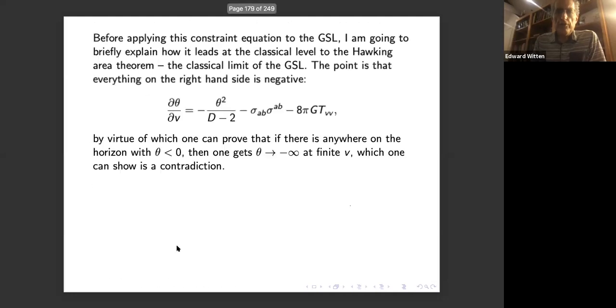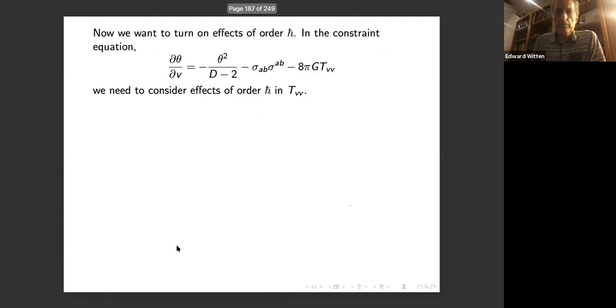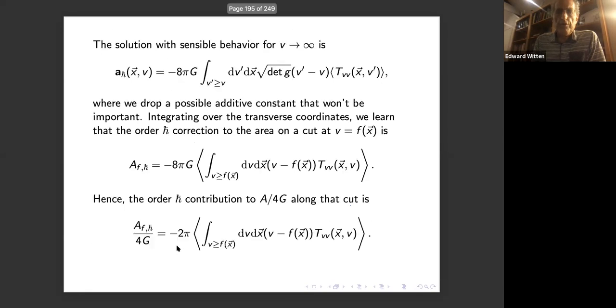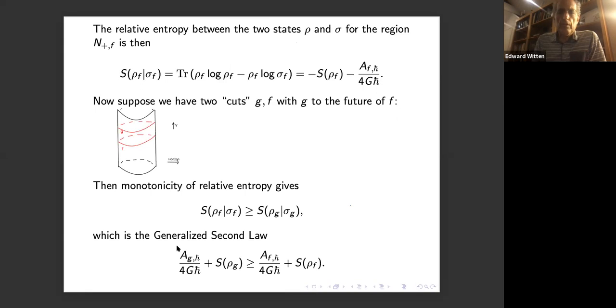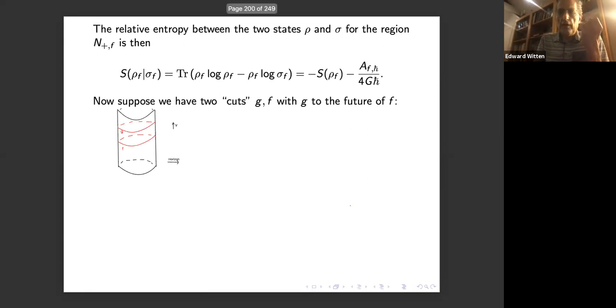What does the generalized second law say? We can define the generalized entropy for any cut. It's defined by the same formula: the von Neumann entropy to the future, sorry, the generalized entropy is the area of the cut over 4G plus the outside entropy. So the generalized entropy is defined for any cut.